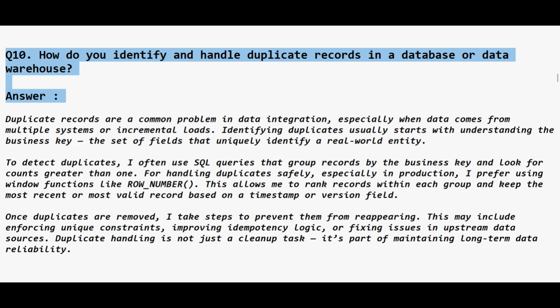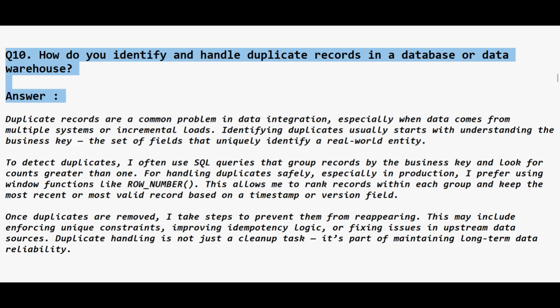To detect duplicates, I often use SQL queries that group records by the business key and look for counts greater than 1. For handling duplicates safely, especially in production, I prefer using window functions like row_number. This allows me to rank records within each group and keep the most recent or most valid record based on a timestamp or version field.